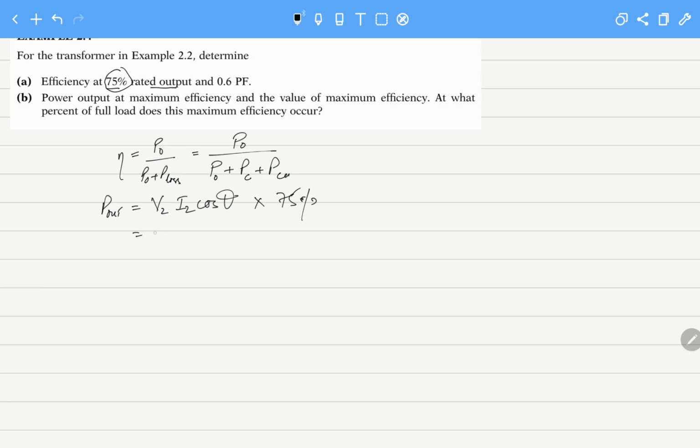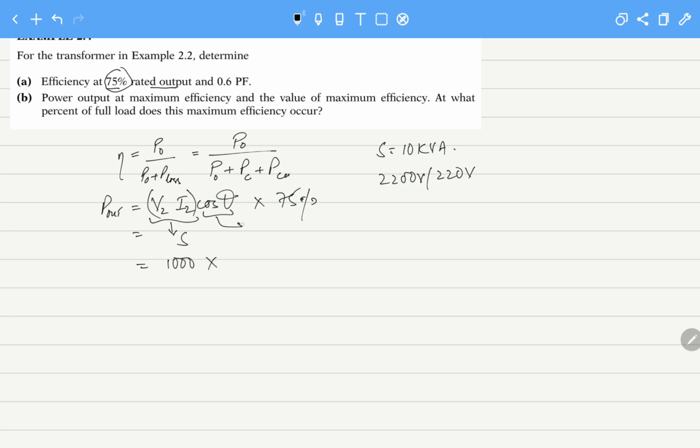So let's see what V2 is. V2 for our transformer was 220 volts. But before that, we can see that V2 I2 is actually S. So the rating of the transformer is also given to us. It is a 10 kVA, 2200 volts to 220 volts transformer. So this is already given to us, or we can calculate I2 also, but we can write here 10,000.